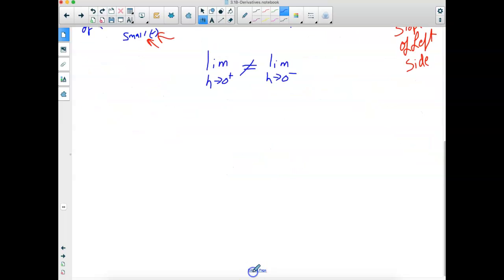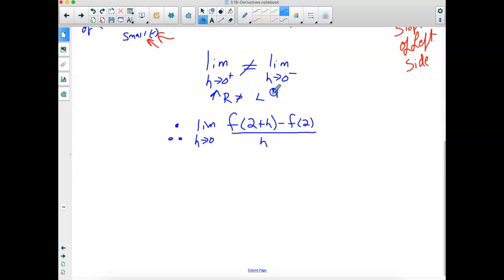Okay, well, if the right is unequal to the left, doesn't that mean that the limit as h approaches 0 of f of 2 plus h minus f of 2 over h, this is my limit I tested. Right and left were not the same. Well, that means this limit does not exist.